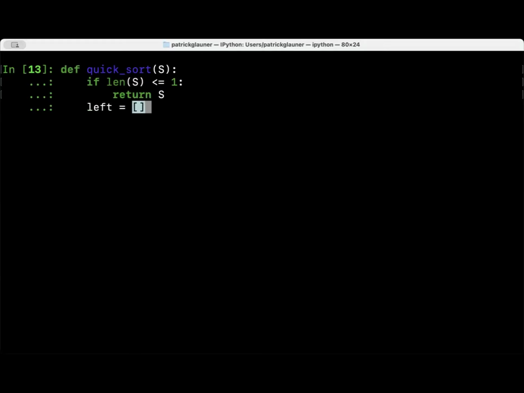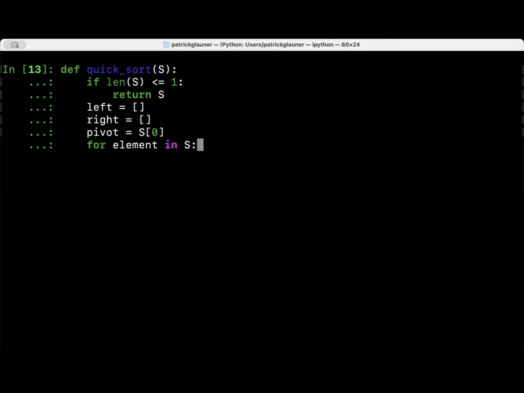And now we need a left list, we need a right list, and we need a pivot. But in the implementation I had shown you in the slides, we always took the rightmost element. This time in my pivot, I always take the leftmost element. And now all I want to do is split based on whether an element is greater than the pivot or less than the pivot.